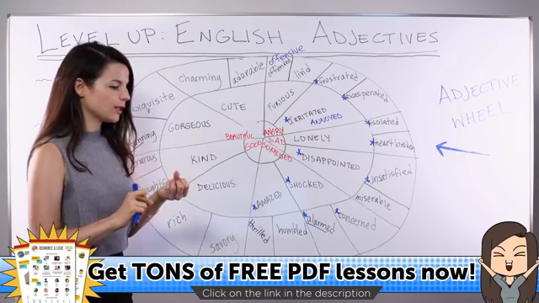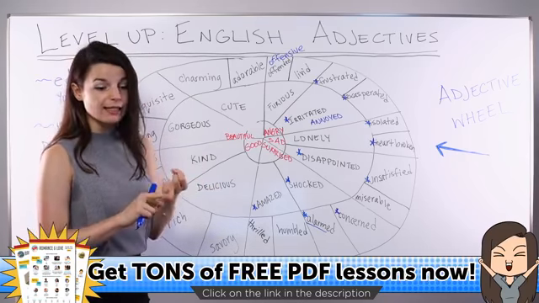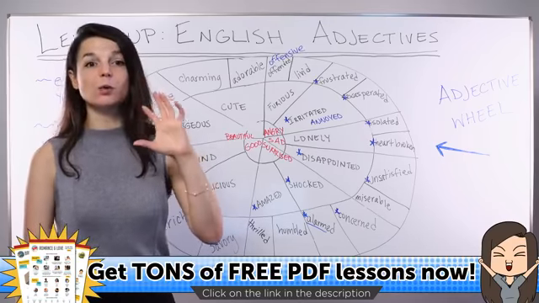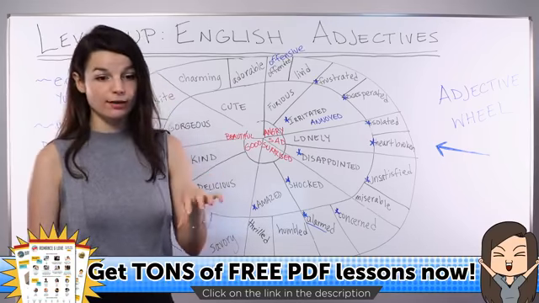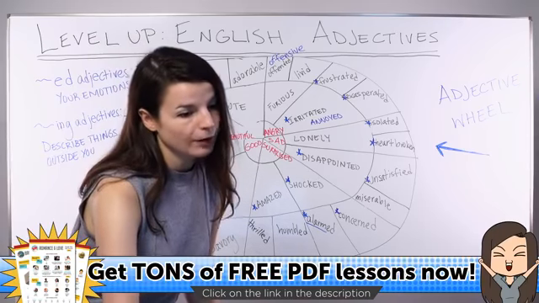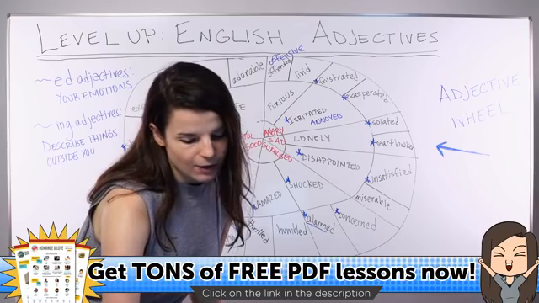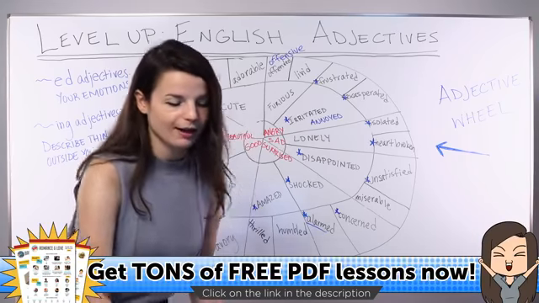Or we might use it to talk about something that's very detailed, like her necklace was exquisite, or the chandelier was exquisite, for example. So it's gorgeous and very detailed, maybe very expensive. Okay, great.